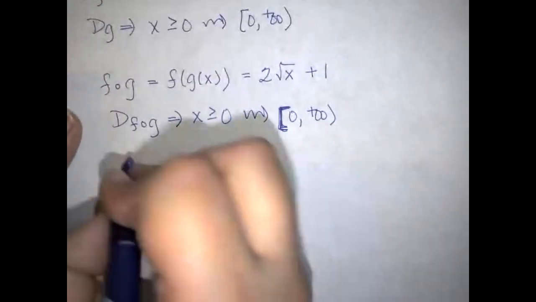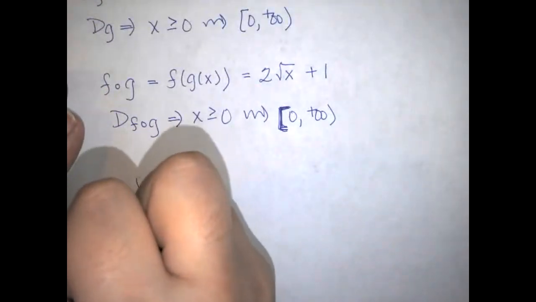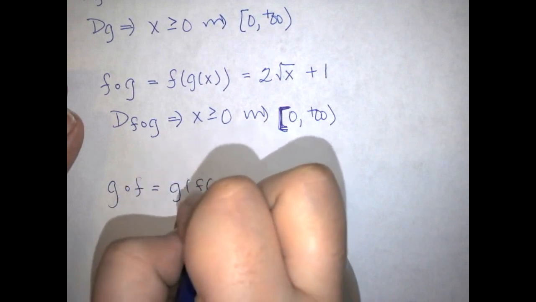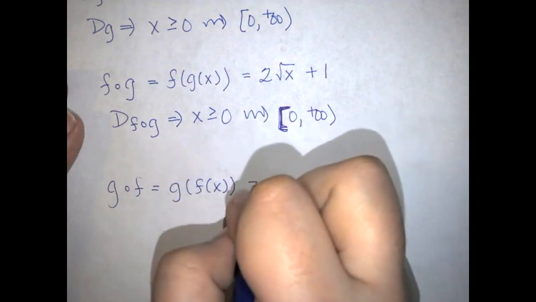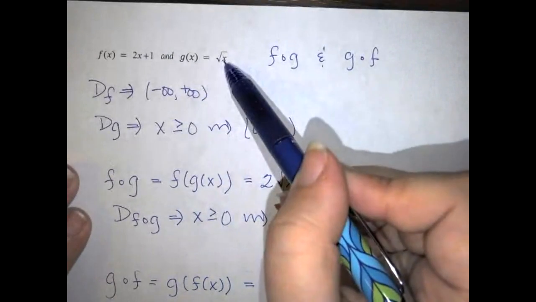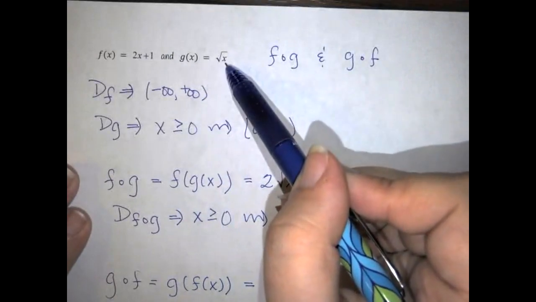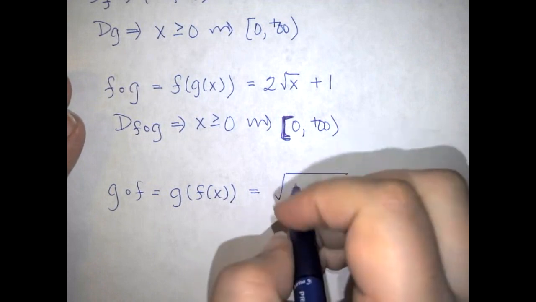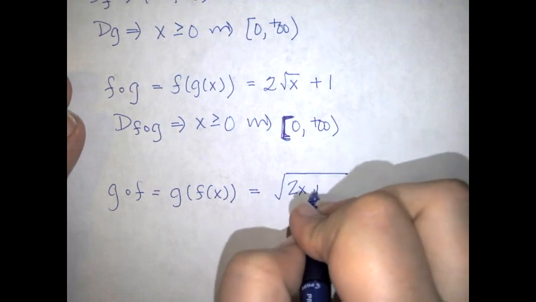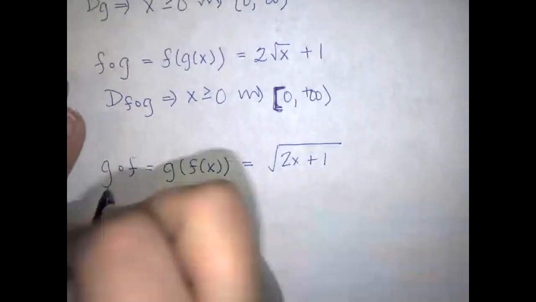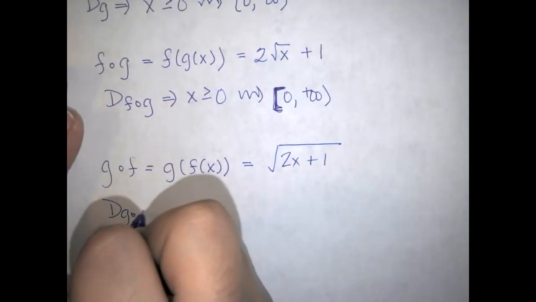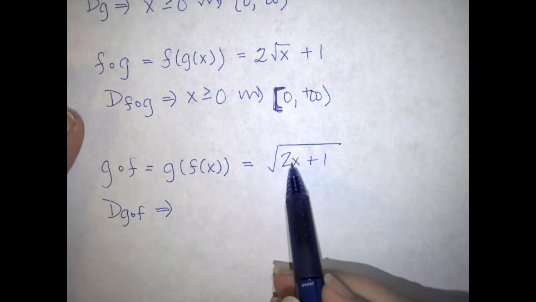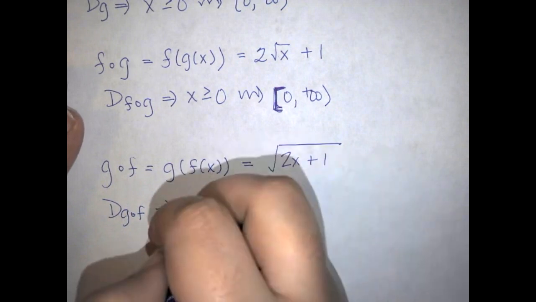Now the other thing we need to look at real quick is g of f. So remember, this is g of f of x. So here, g of x is the square root. So this is going to become the square root of f, which is 2x plus 1. So to find the domain for g of f, it means the stuff under the radical must be greater than or equal to 0.